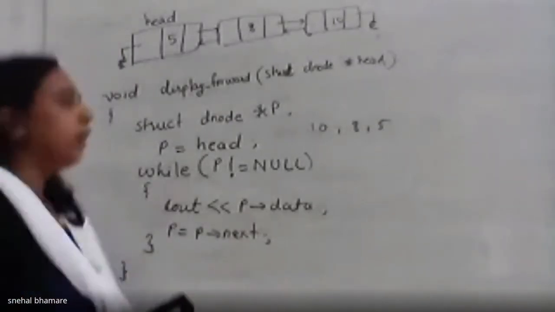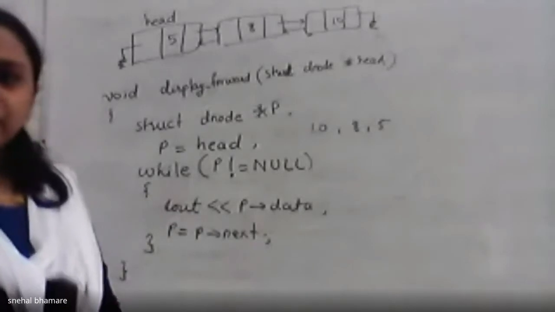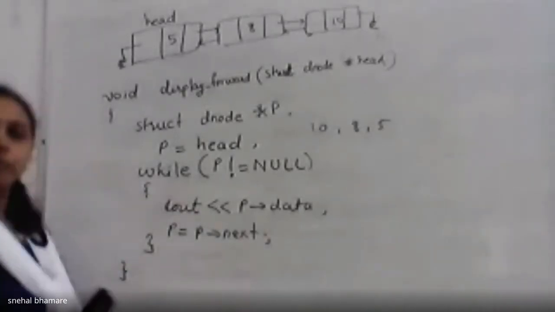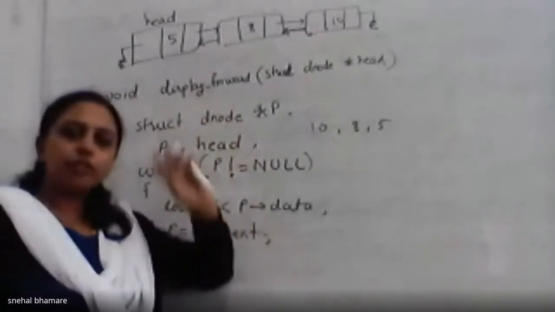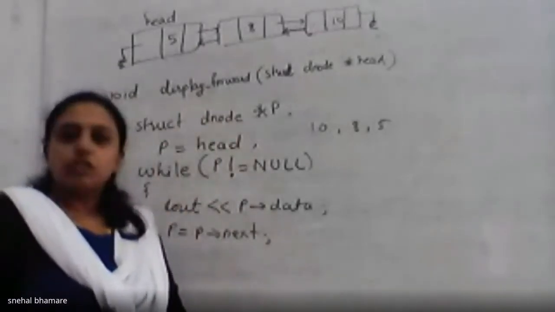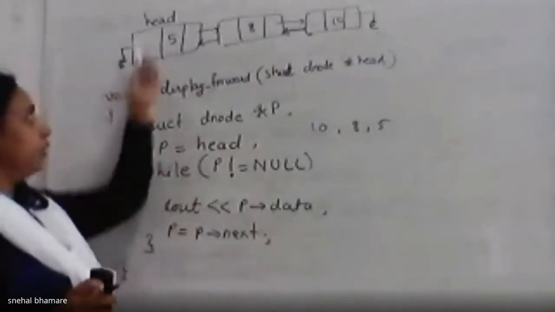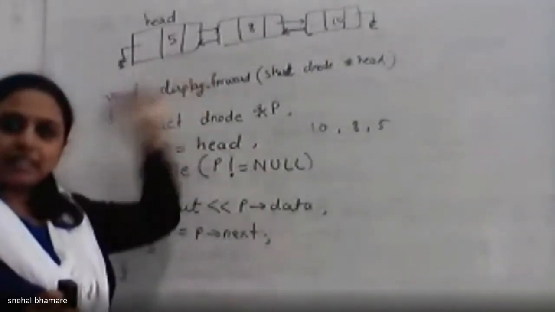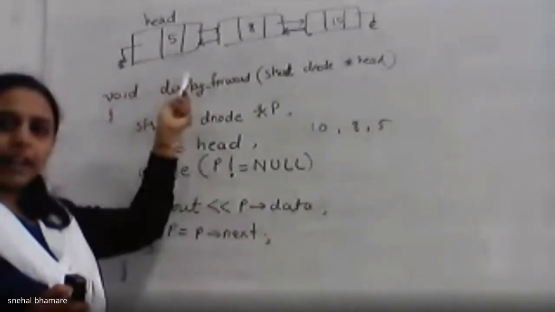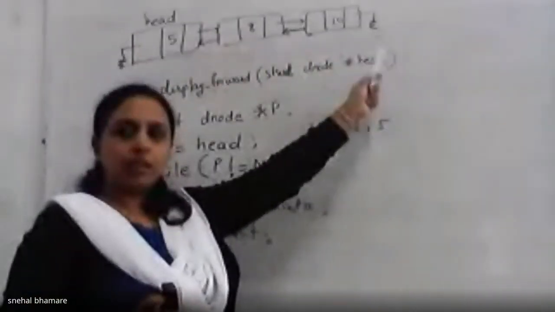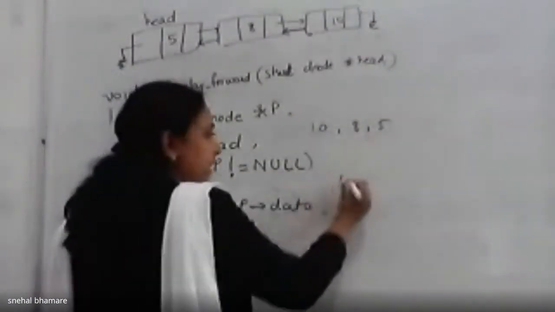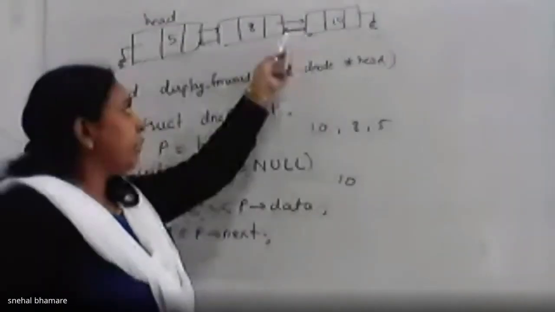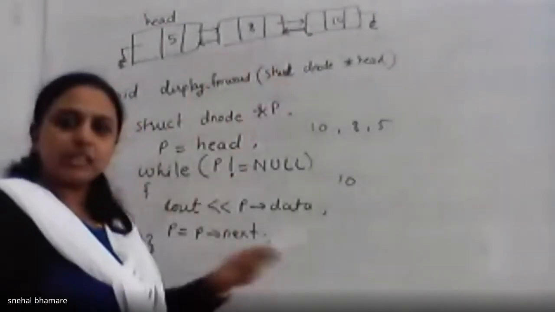Yes, fine. Now, for displaying the data in the reverse direction, what do we have to do? We know that we have one extra link, the reverse link, which holds the address of the previous node. The basic logic is that we have a reference to the first node, the head node. From the head node, we will first traverse to the last node. After going to the last node, we will display its data first. So 10 will be displayed, and by using its previous link, we will move to the previous node and display its data.